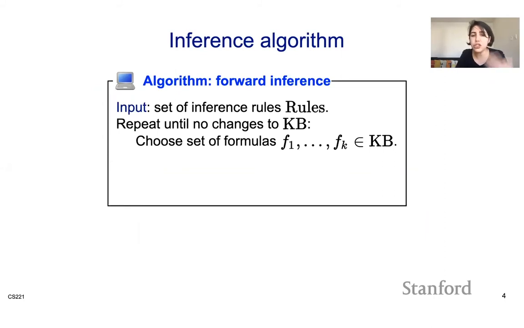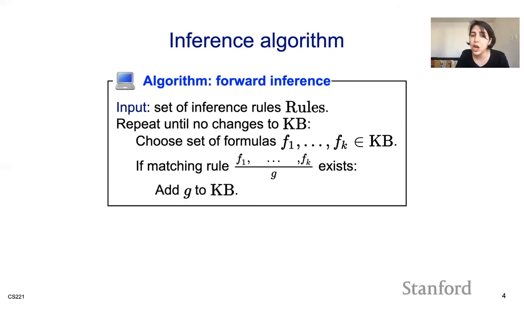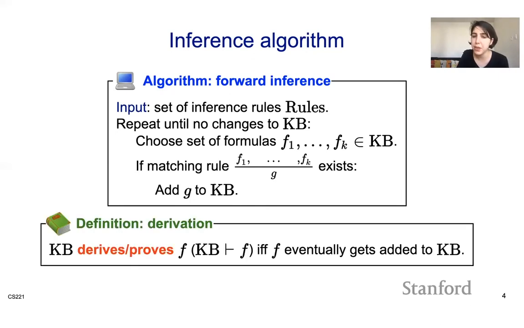What do I do? I just choose a subset of formulas from my knowledge base. And if I can match my inference rule and infer a new formula G, I will add G back to the knowledge base. I keep doing this until there are no more new formulas to be added to my knowledge base. Okay, so that is what an inference algorithm does.